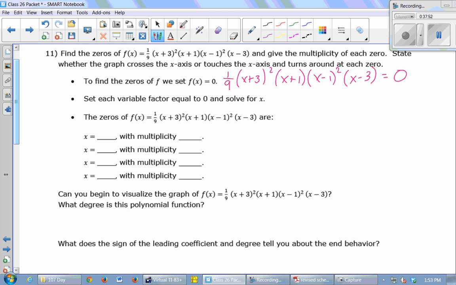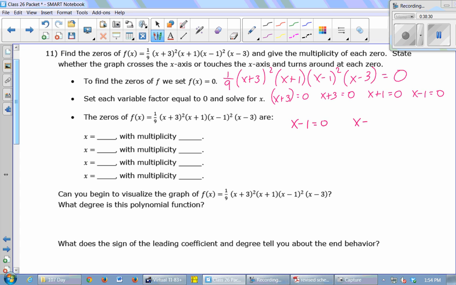So then we set each factor equal to 0 and solve for x. So I set (x plus 3) squared equal to 0. Actually, I'm going to write each one out. (X plus 3) squared means x plus 3 times x plus 3, right? So I've got x plus 3 equals 0, x plus 3 equals 0, x plus 1 equals 0, x minus 1 equals 0, and that happens twice because that's an (x minus 1) squared.